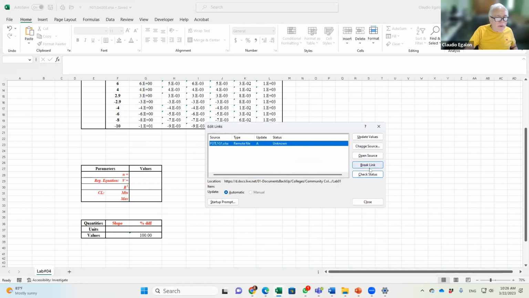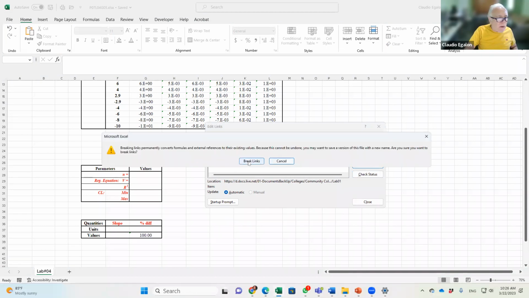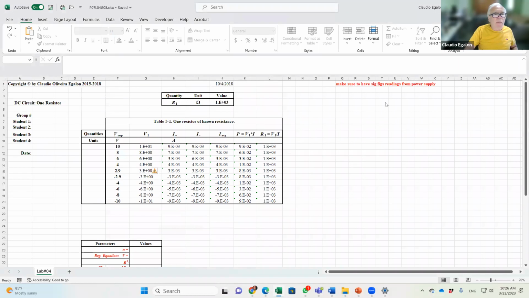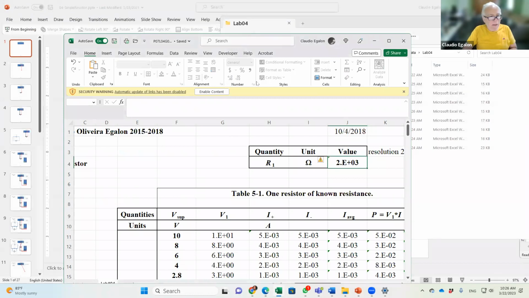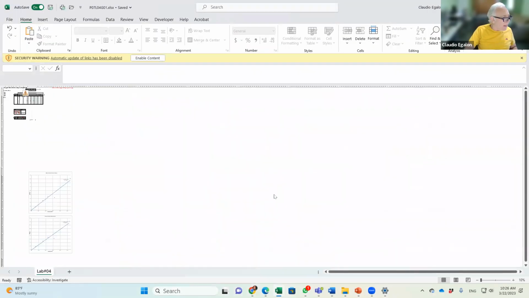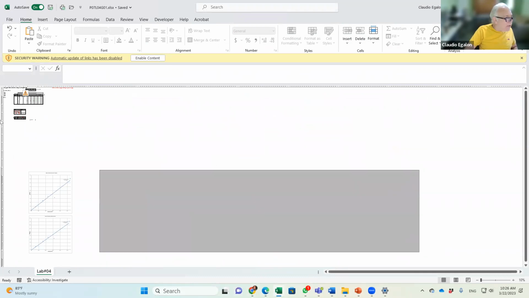Edit links. Let's see. Break link. For some reason, I have a link here to this group number 1 file. Break links. Hopefully, we do not have this problem anymore. And so, group number 5, make sure you delete that graph too. You don't need that. And group number 1 as well.